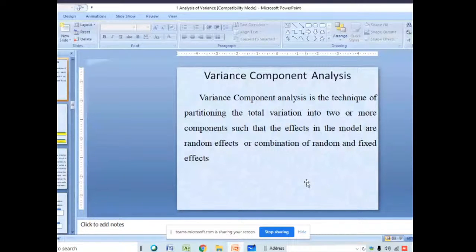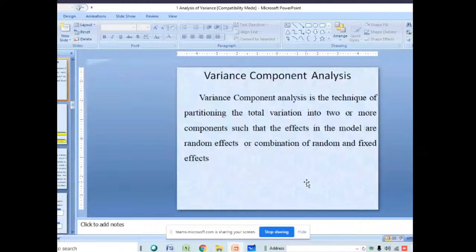The variance component analysis is the technique of partitioning the total variation into two or more components such that the effects in the model are random effects or a combination of random and fixed effects. Some are random, some are fixed.